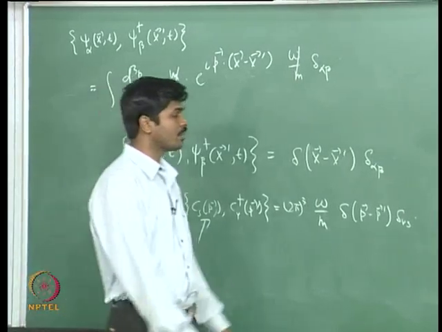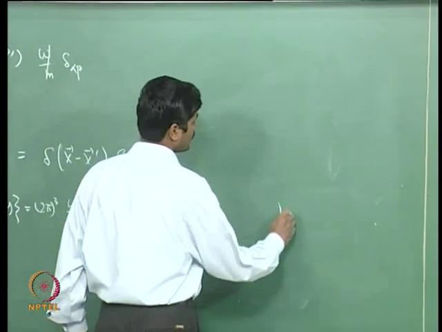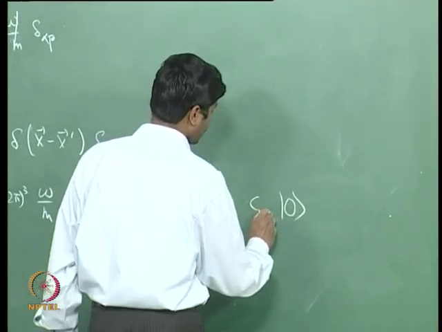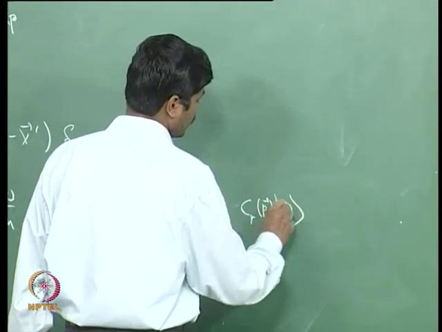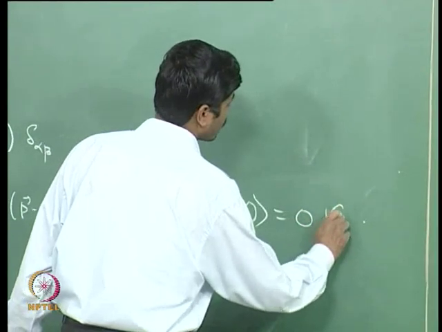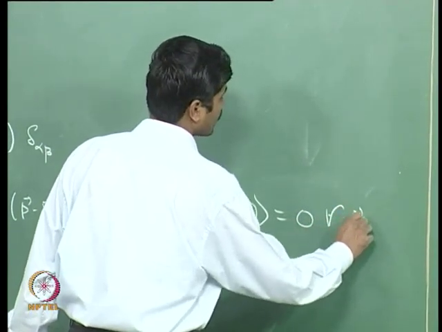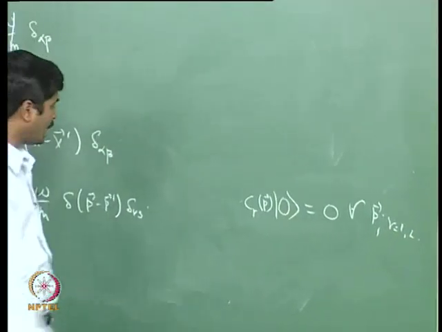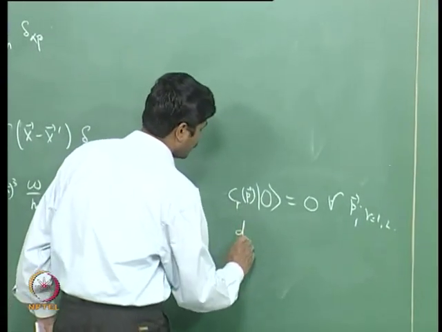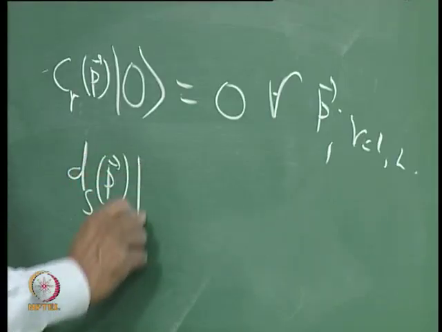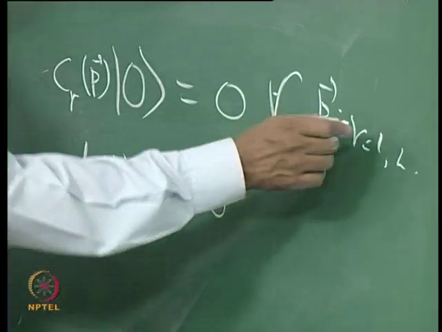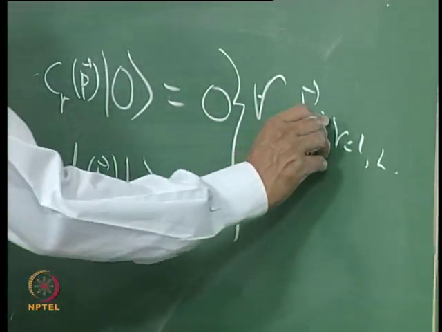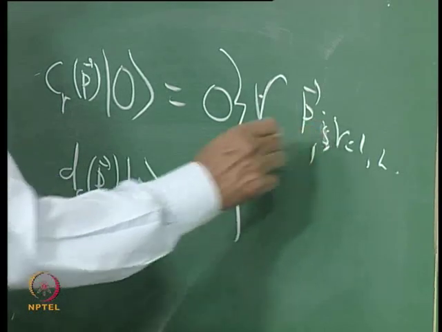Again we will have a vacuum, we define |0> to be the vacuum state which is annihilated by c_r(p) for all p and for r equal to 1 and 2, and also it is annihilated by d_s(p) equal to 0 for all p and for r and s to be 1 and 2.